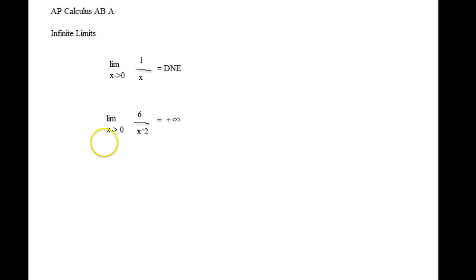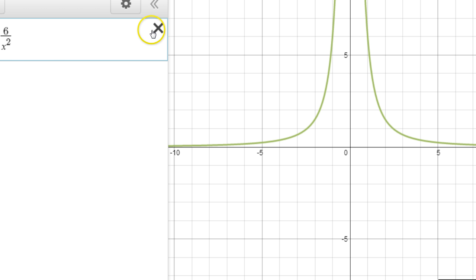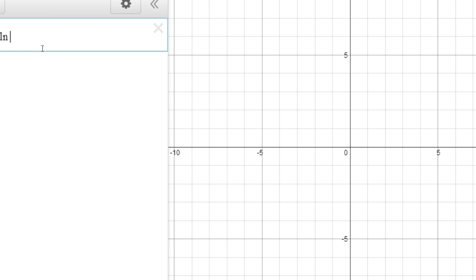Now, let's do the limit as x approaches 0 from the right side, which I denote with a plus sign, of ln of x. Because if you remember, you can't put a negative number into a natural log. If we go to our graph and type natural log of x, as we approach 0 from this side, we get negative infinity.